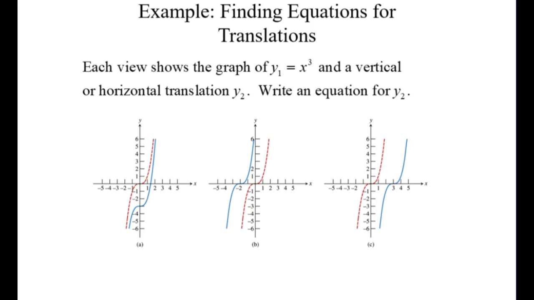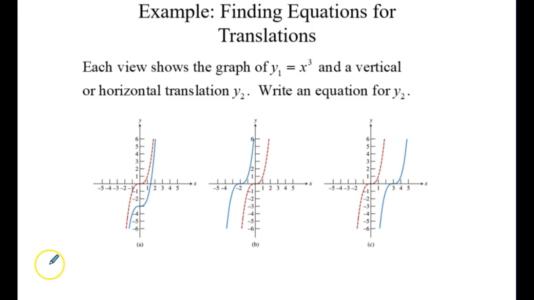In this first example, we are going to find the equation for each translation. We're starting with a basic function y sub 1 equals x cubed, our cubing function, and then we're either going to have a translation up or down, vertical, or a translation left or right, horizontal. So using the graph and the ideas we talked about on the previous slide, we're going to write the equation for each one.